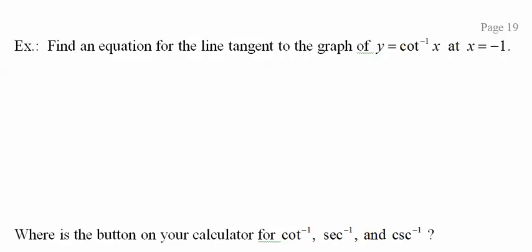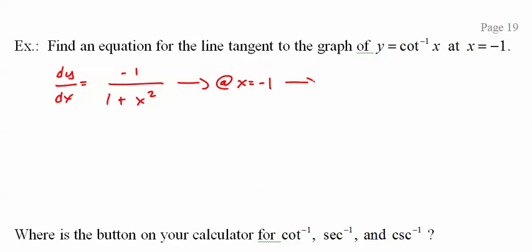And here's an example for cotangent. The derivative with respect to x of cotangent is just negative tangent, 1 plus x squared. No extra chain rule I have to worry about. At x equals negative 1, negative 1 over 1 plus 1 equals negative 1 half.